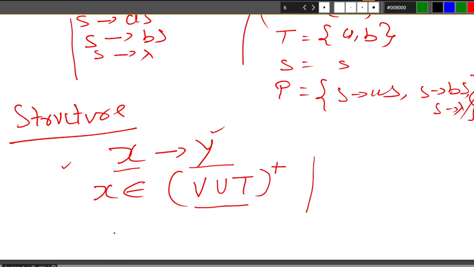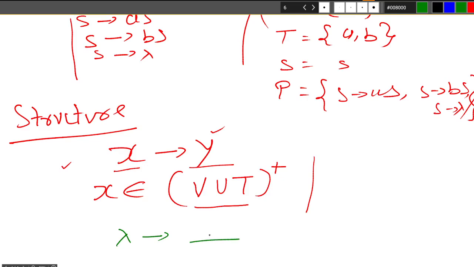We cannot have a rule saying lambda defines something. This is not possible. So it is the plus symbol here, which says that you will have V or T or any combination of these. Which means that on the left hand side you must have at least one variable.